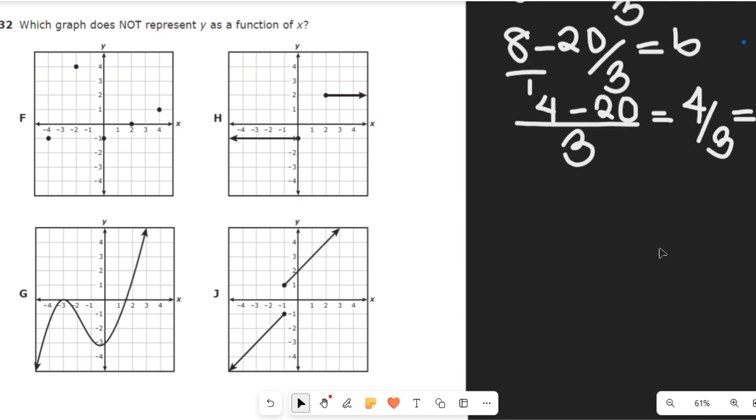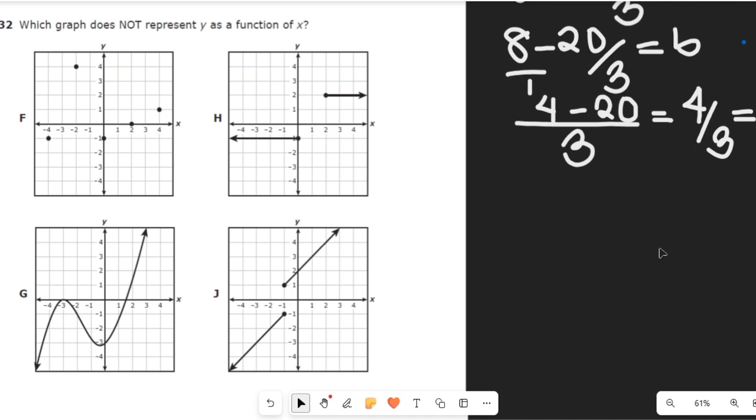Now, take these 2 tips if you want to answer this kind of question. In order to identify if a graph is a graph of a function, you need to use the vertical line test or the mapping of x to y. Now, what is the vertical line test? In the vertical line test, we know that no vertical line must intercept the graph more than once.